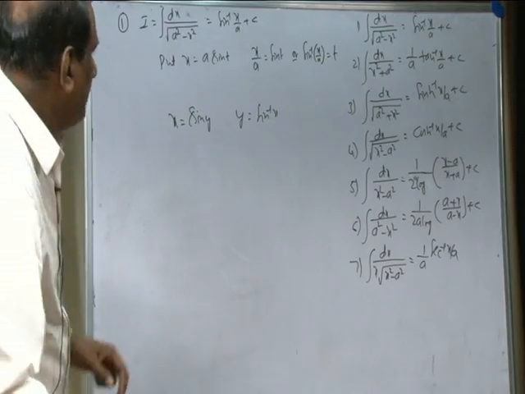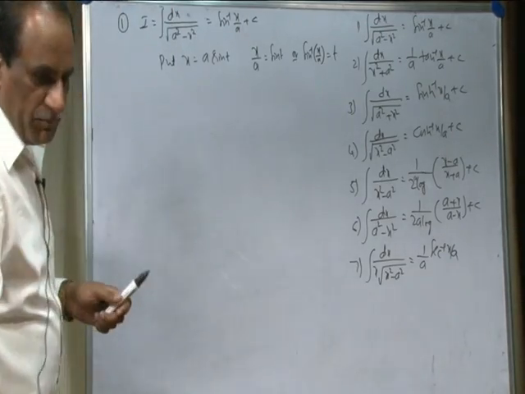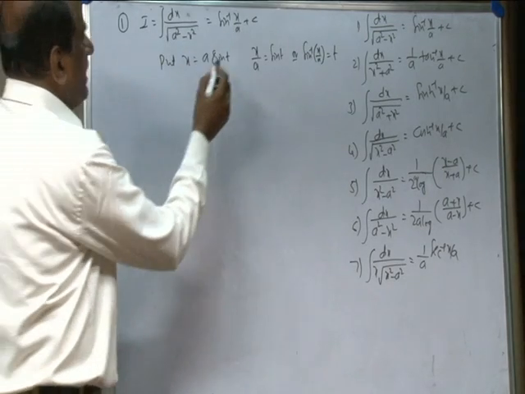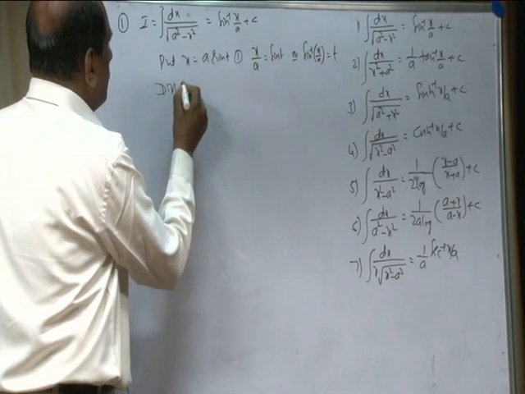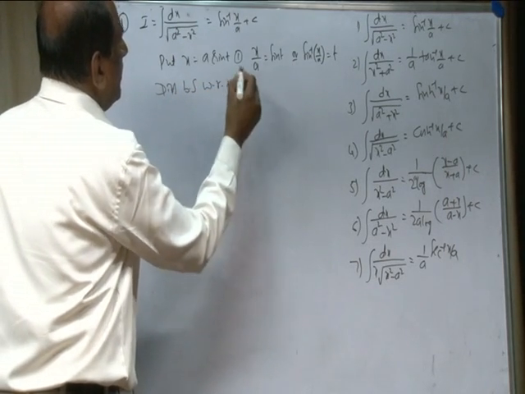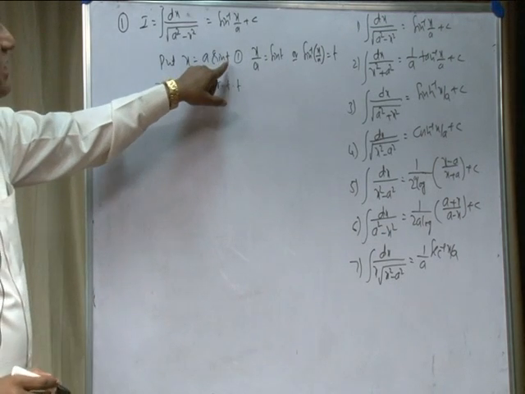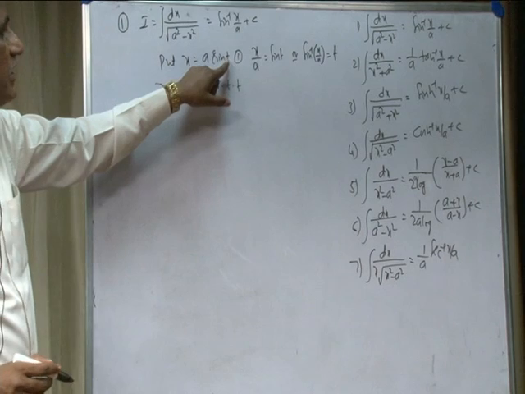According to your definitions, x is equal to a sin t, or we can write sin inverse x by a is equal to t. This is equation 1. Now, differentiate both sides with respect to t, because the RHS is a function of t; x is equal to a sin t, x is a function of t.